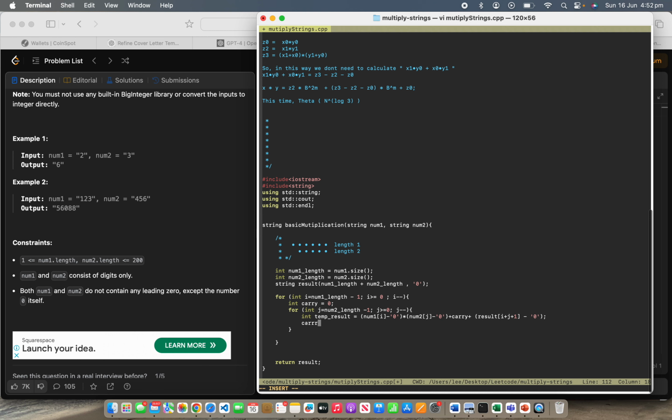So this time carry is equal to temporary result divided by 10. All right, so result is equal to the temporary result.